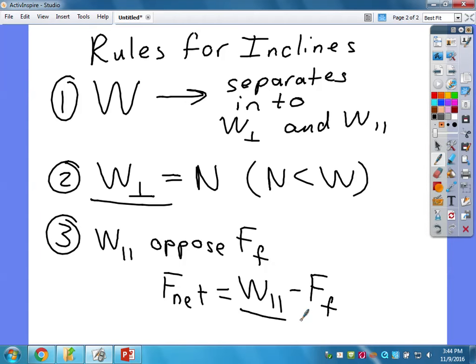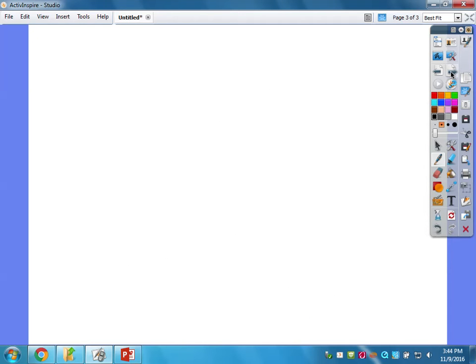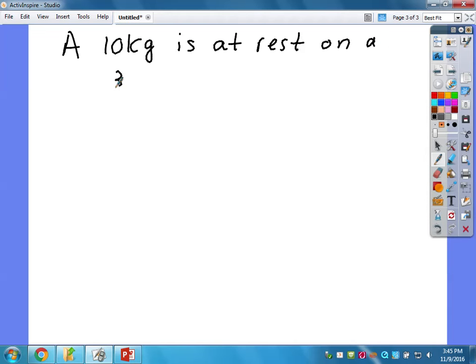So, how can we solve some of these problems? Let's start off with a pretty simple problem. Let's just say a 10-kilogram box is at rest on a 30-degree inclined plane.